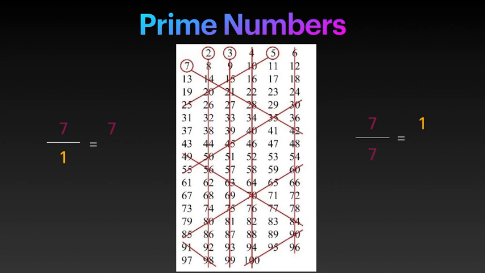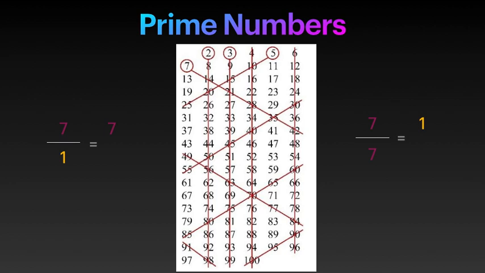Now let's look at the right hand side of the screen. As any number is divisible by itself, 7 is also divisible by 7. Again, you know the answer is going to be 1. Now let's have a look at whether 7 is divisible by any other number. The answer is no. Therefore, we call 7 a prime number.